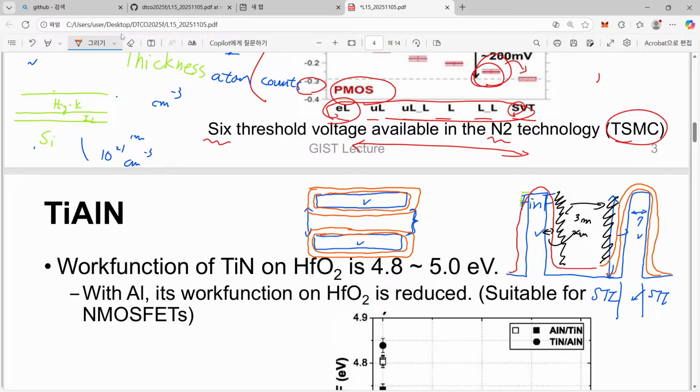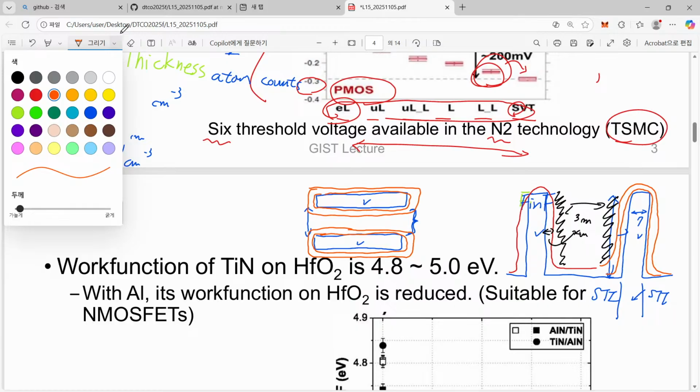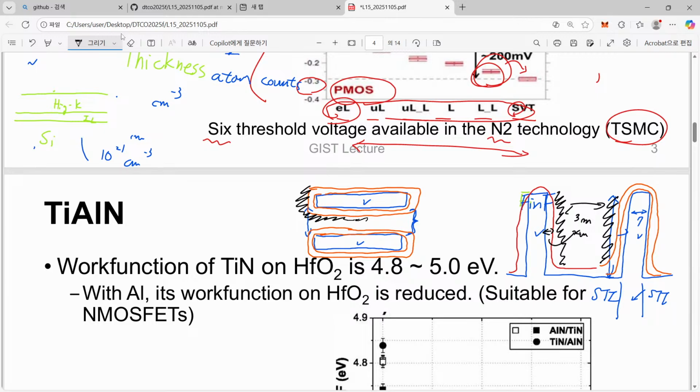What is the additional job? The additional job is adding more layers on top of this already existing silicon, interfacial layer and hafnium oxide layer. So what is the problem?